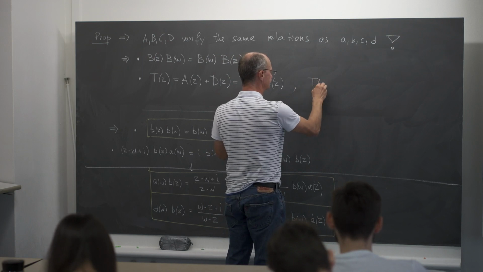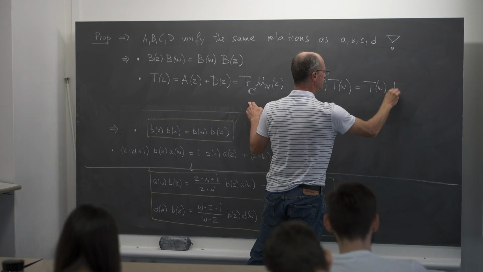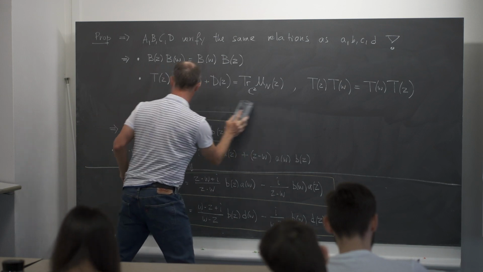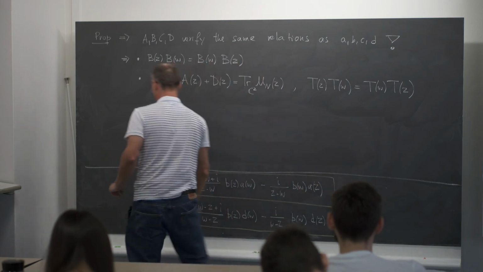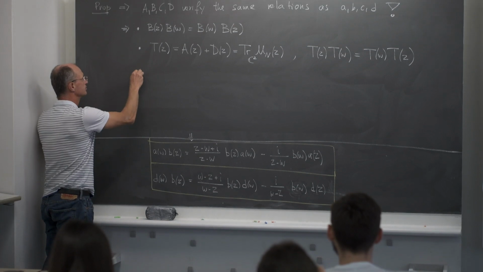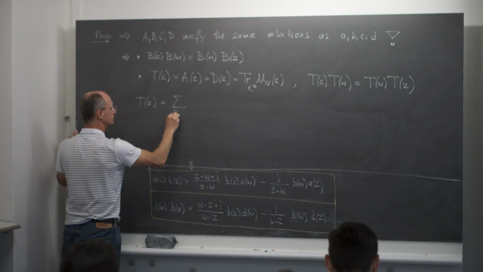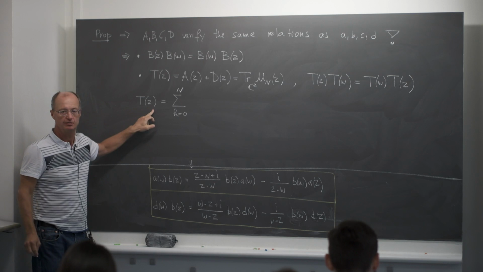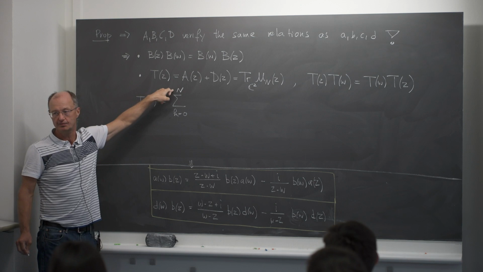And we get, now we actually know that T of z is a polynomial in z of the degree which is bounded by n, right?